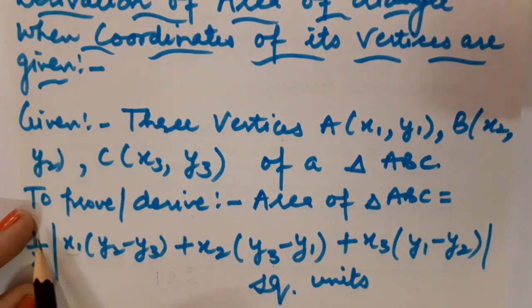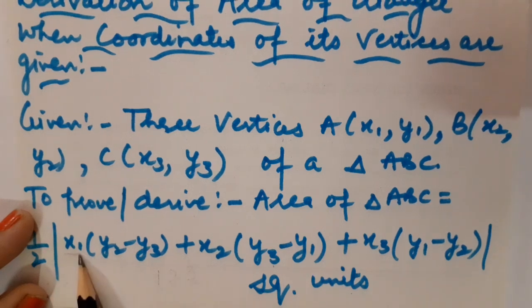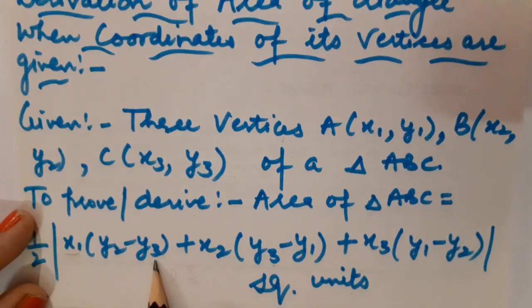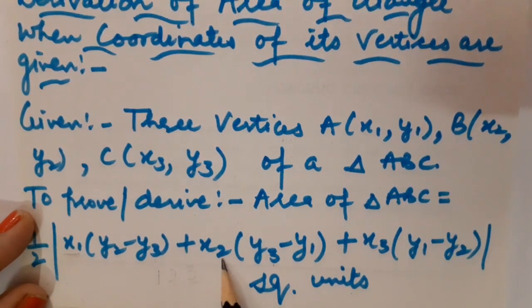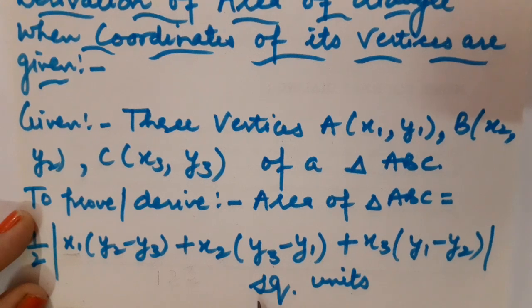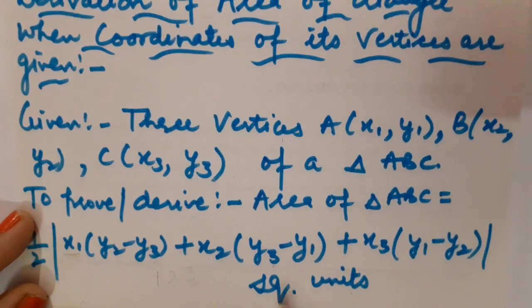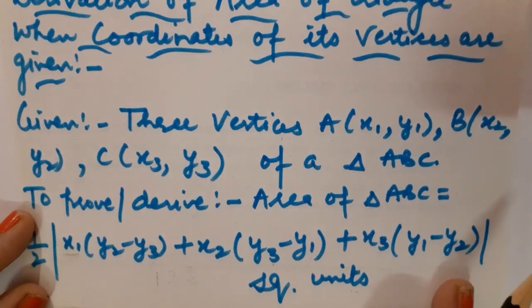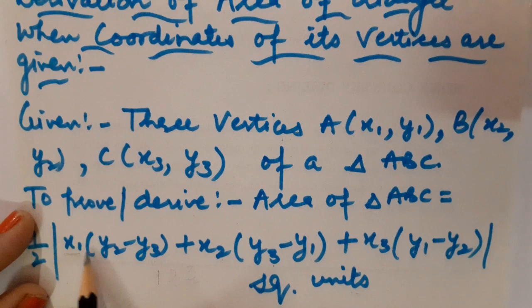So the formula is half modulus x1 into (y2 minus y3) plus x2 into (y3 minus y1) plus x3 into (y1 minus y2), modulus closed, square units. Children, you know that area is always calculated in square units. And I told you the way to learn it. What was that way? This is 1, 2, 3.